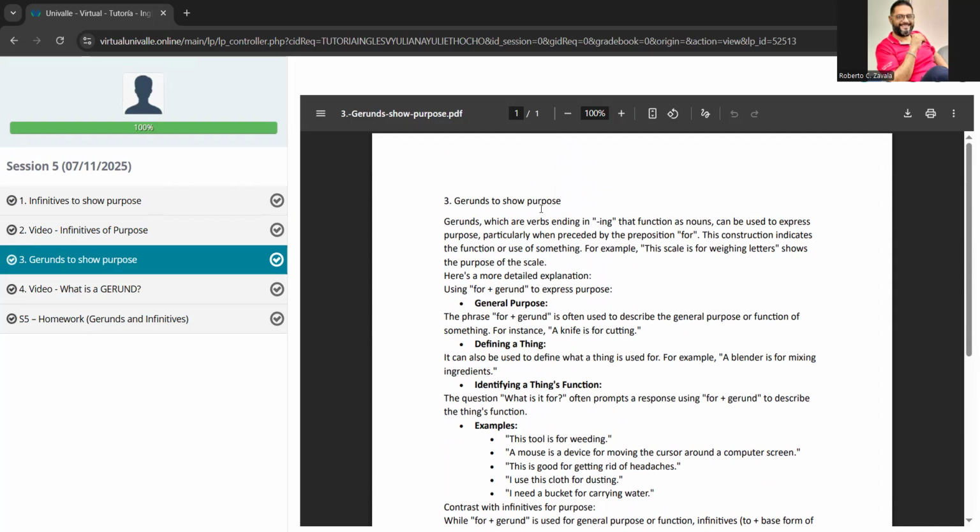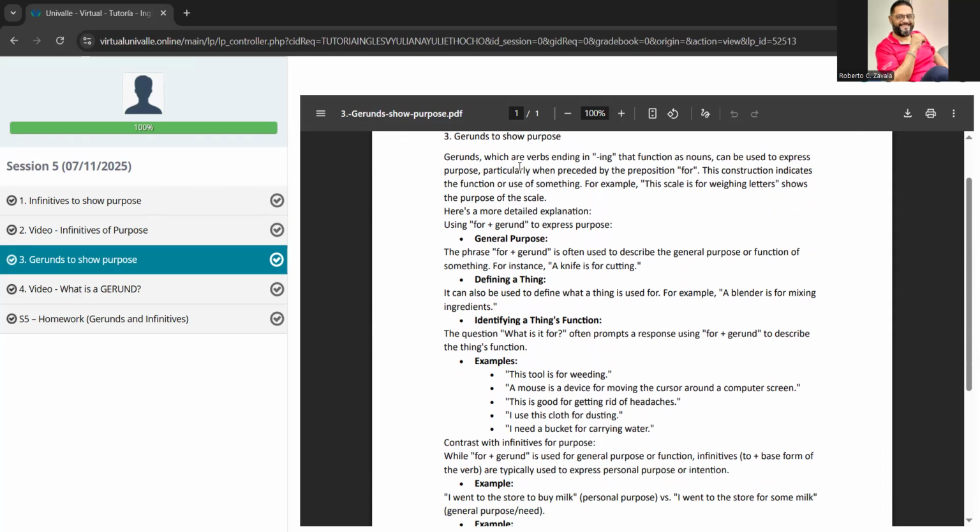Gerunds, which are verbs ending in ing that function as nouns, can be used to express purpose, particularly when preceded by the expression for. This construction indicates the function or use of something. For example, this scale is for weighing letters, shows the purpose of the scale.